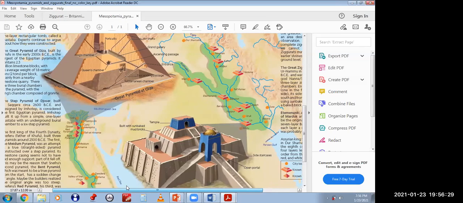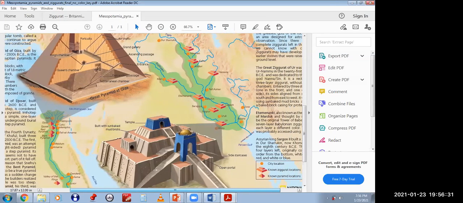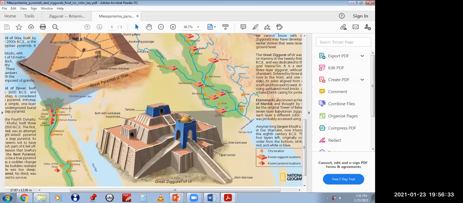Where are the ziggurats located? Ziggurats are no longer there. There is one ziggurat, called the Ziggurat of Ur, which is in Iraq, but it is a heritage site.